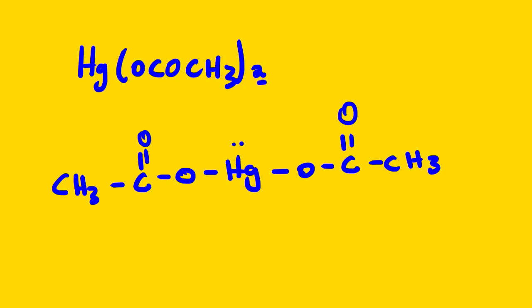You can see that we have two of these. If you check this and this, it's the same thing, they're identical, and then we have our mercury here. So this is the Lewis structure of the mercuric acetate.